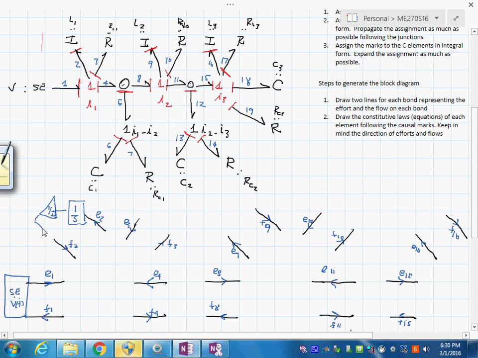Let's keep doing it here for the I element. The effort goes in, and in here gets multiplied by 1 over s, right? And then by the gain here, 1 over I16, and now comes the connection.